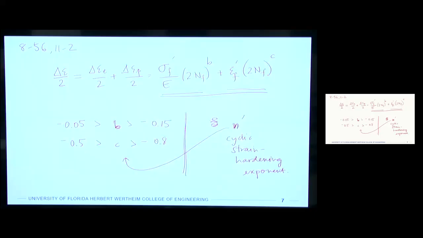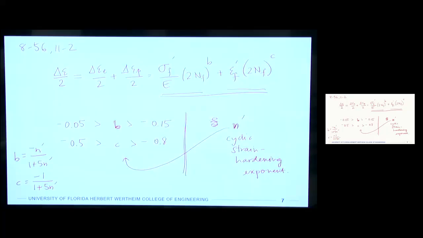And so what researchers did is they approximated these according to these relationships. So B is going to be equal to minus n prime divided by 1 plus 5n prime. And C is going to be equal to minus 1, so it has the same denominator but a different numerator, divided by 1 plus 5n prime.